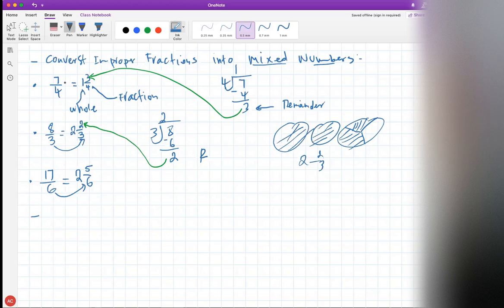So now we saw how to convert improper fractions into mixed numbers. Let's see how to go backwards, basically from this to this.